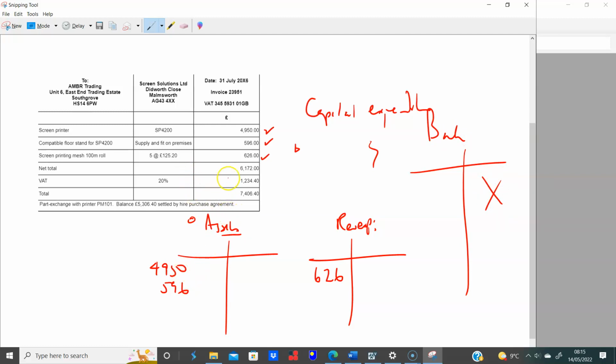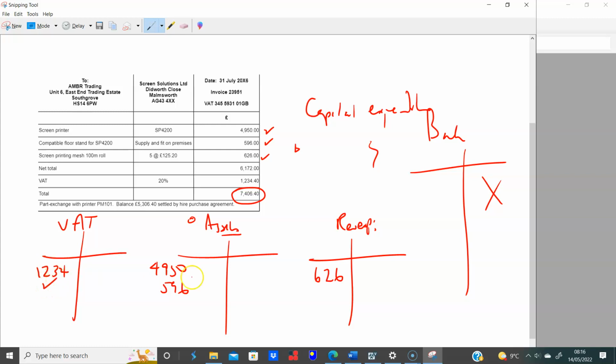Now, be very careful. What's interesting about this as well is that there is VAT. This is what you're going to pay in total for all of this. But you can claim the VAT back. So because you can claim the VAT back, it is, until you claim it back, a receivable, an asset, and that's an asset of 1, 2, 3, 4.